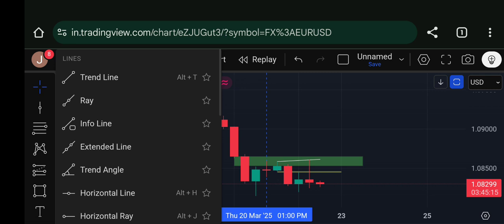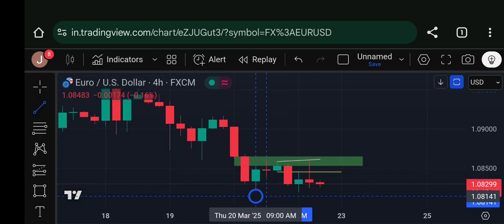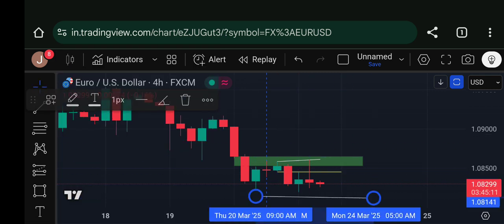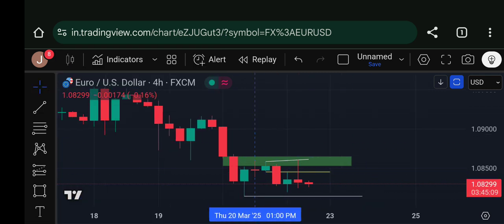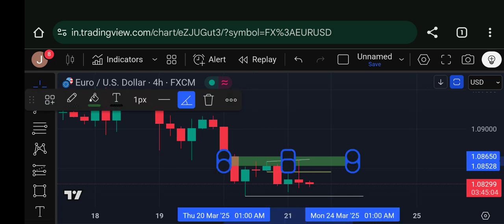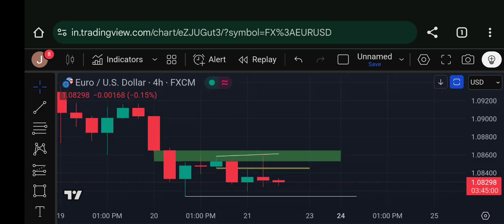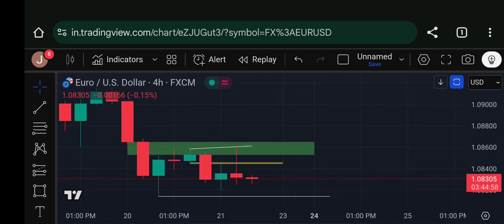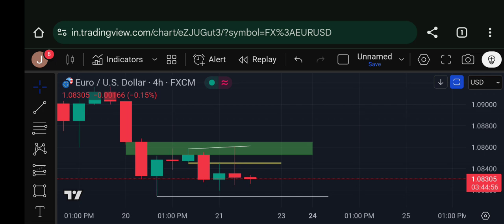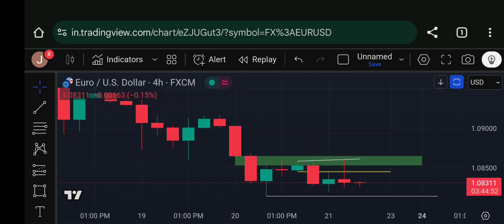Where would the price move if it tapped into the 4-hour? If it tapped into this IRL, it would definitely move to this external liquidity, from this fair value gap to this sell side liquidity. So this is my higher time frame bias, guys.